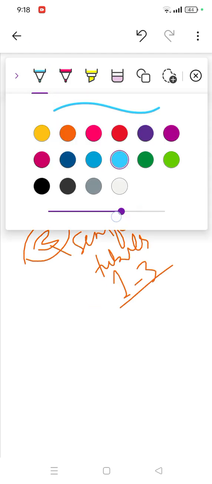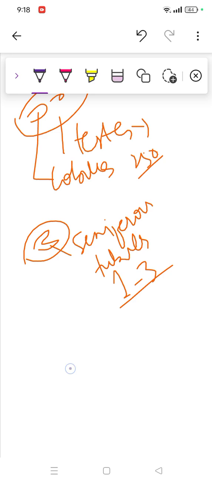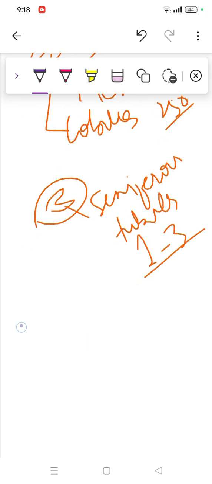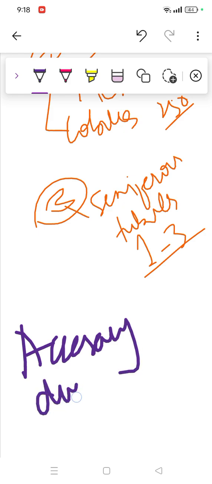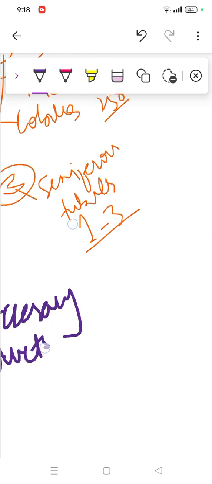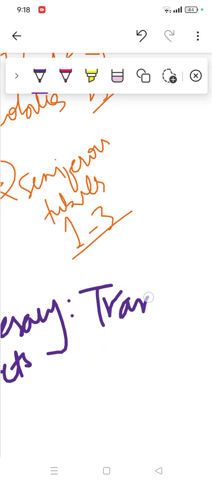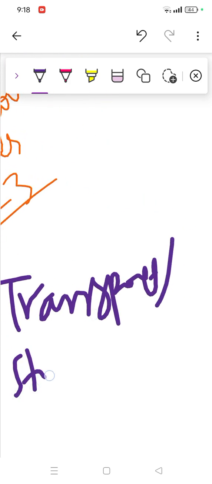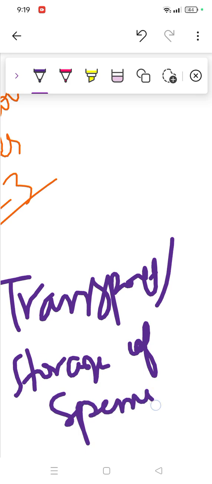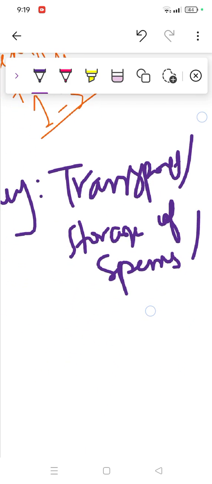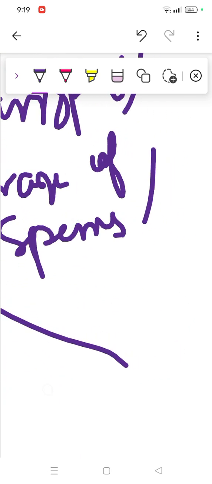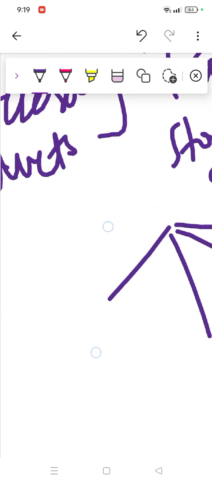Here comes another part: the accessory ducts and glands, which help in transport and storage of sperm. I'm sure it's clear to you. Then we have four very important parts of these ducts, which we'll discuss one by one.